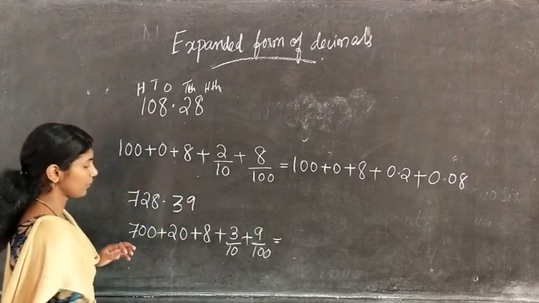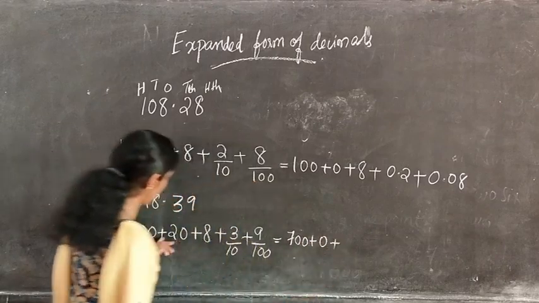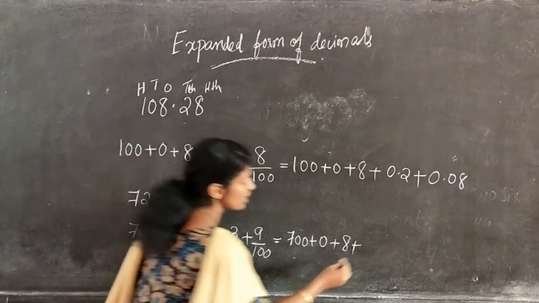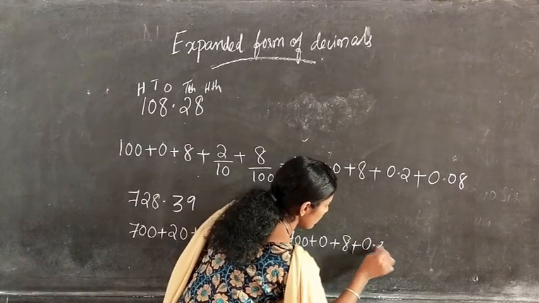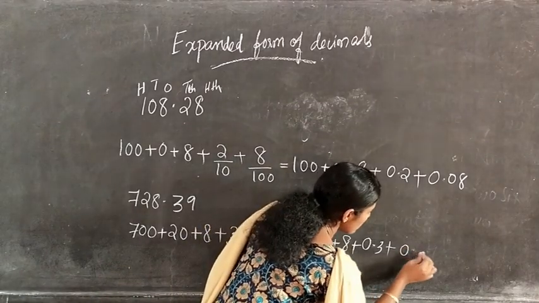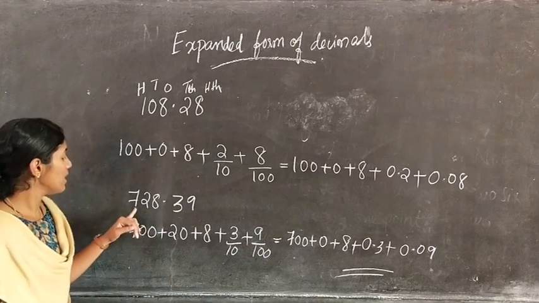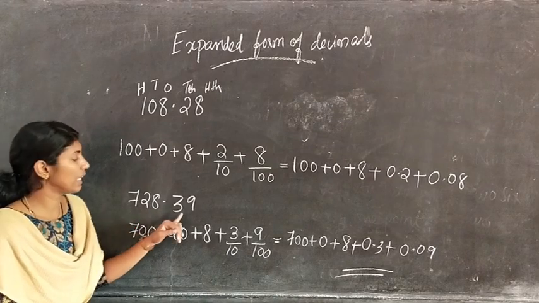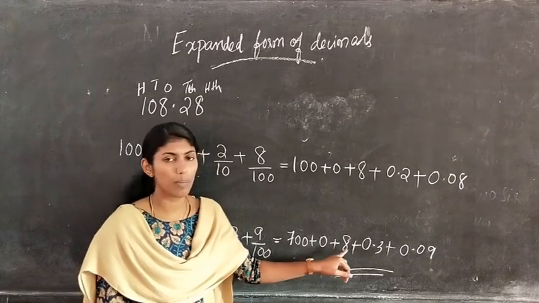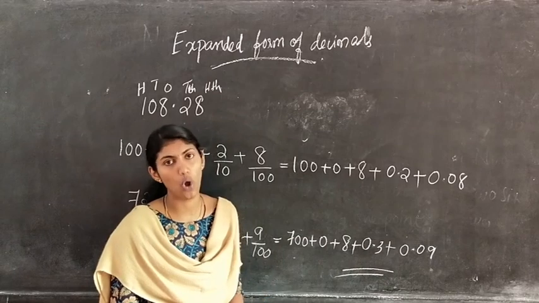That is equal to 700 plus 20 plus 8 plus 3 by 10 can be written as 0.3 plus 9 by 100 can be written as 0.09. That means the expanded form of 728.39 is 700 plus 20 plus 8 plus 0.3 plus 0.09.